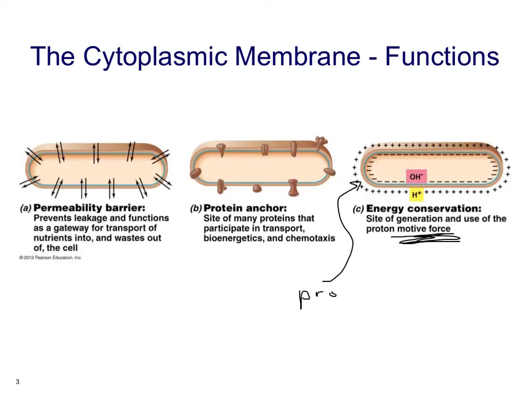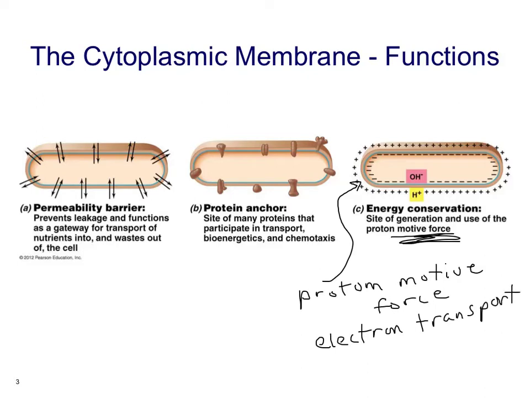We have a set of proteins and organic molecules that are the electron transport chain. It's maintaining the proton motive force, and therefore in the cytoplasmic membrane we have an essential protein called ATP synthase.